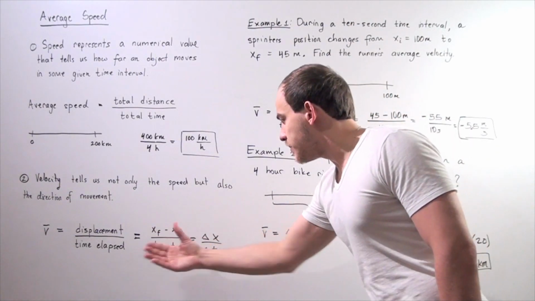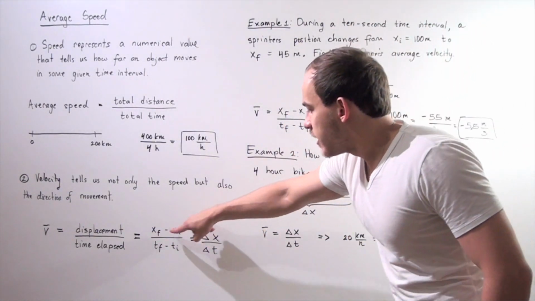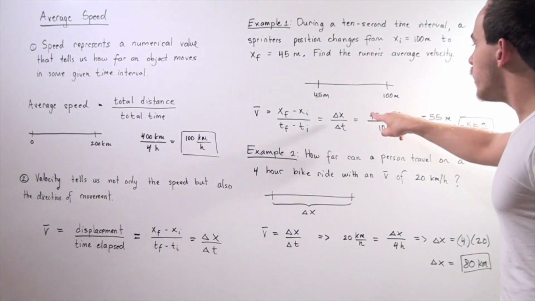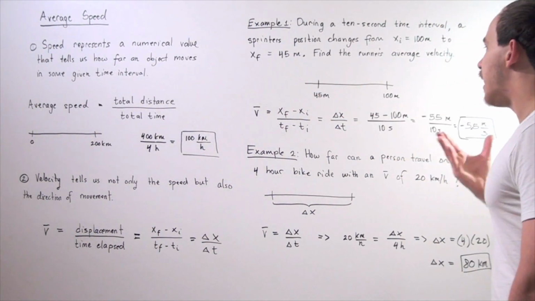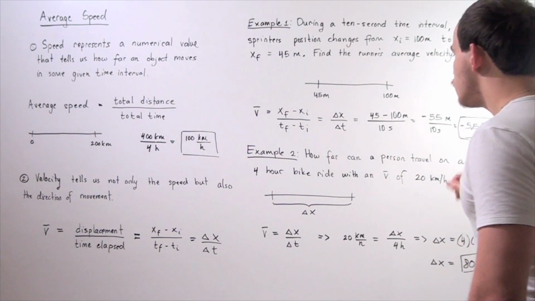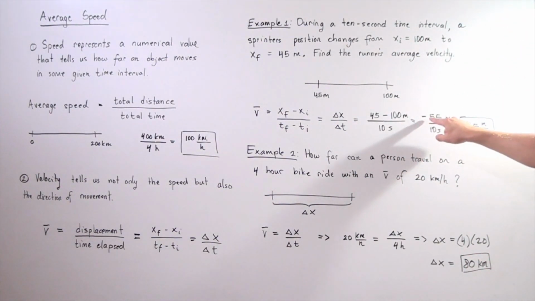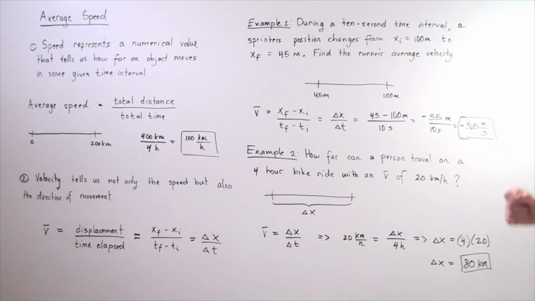So we use this formula, change in x over change in t. 45 is our final position minus our initial position, 100, divided by 10 seconds. So we get negative 55 meters divided by 10 seconds. So negative 5.5 meters was our average velocity.